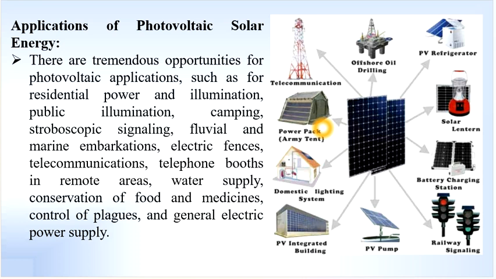We can use them as domestic lighting systems, and have PV integrated buildings, PV pumps, and railway signaling, where solar panels give power for the signal lights. We can have battery charging stations utilizing photovoltaic cells, solar lanterns for lighting, PV refrigerators, and even offshore oil drilling. So these are all different applications.